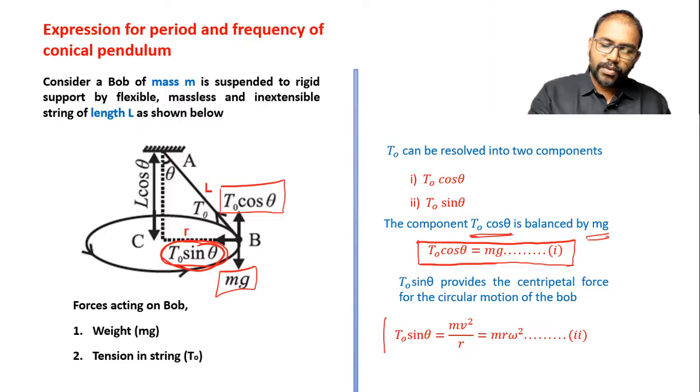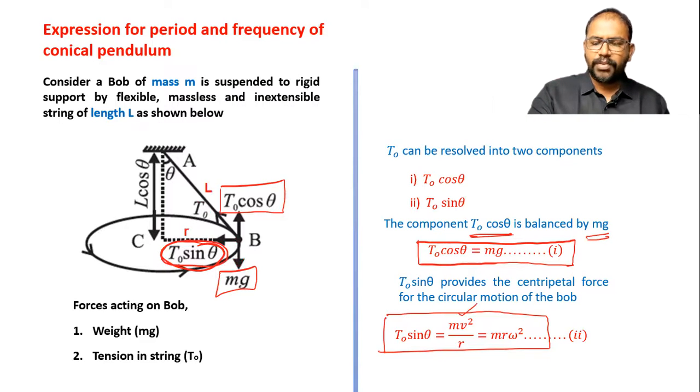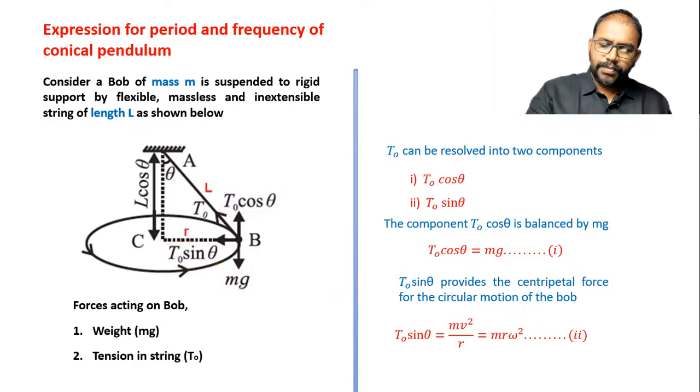Centripetal force is written as mv square by r, or we can use m r omega square. We can use any one formula or write both. So we get equation number 2: T0 sin theta is equal to m r omega square.